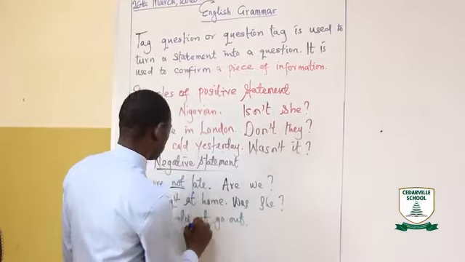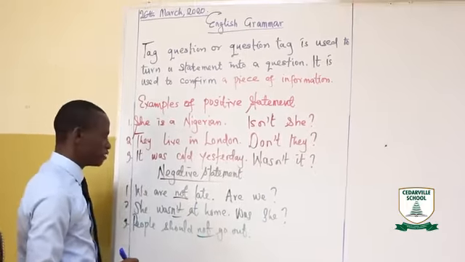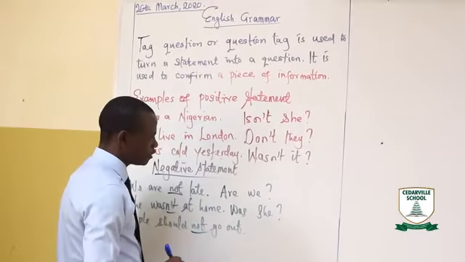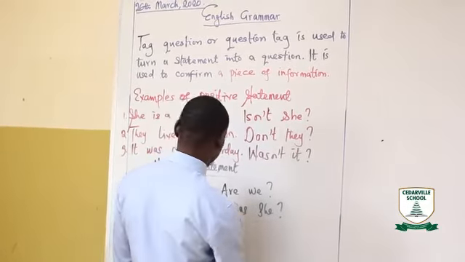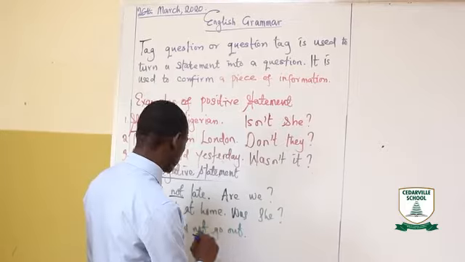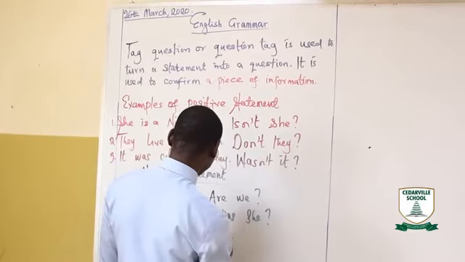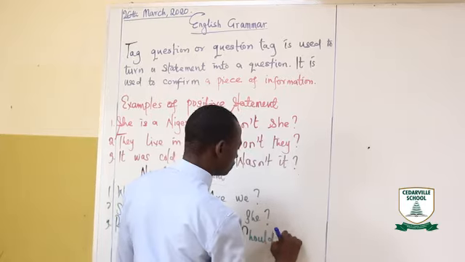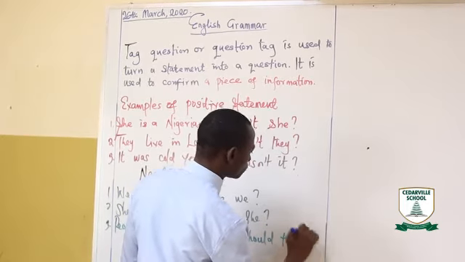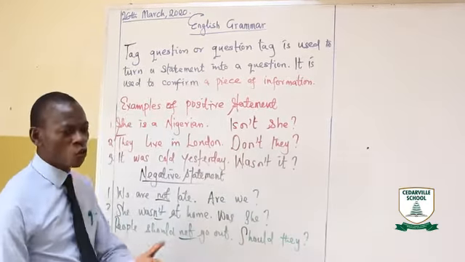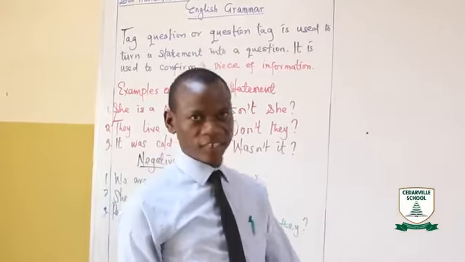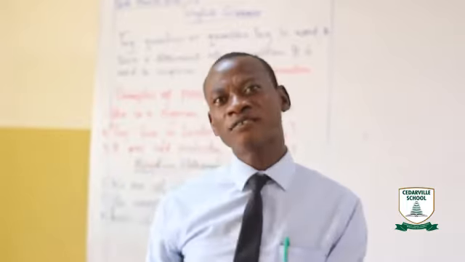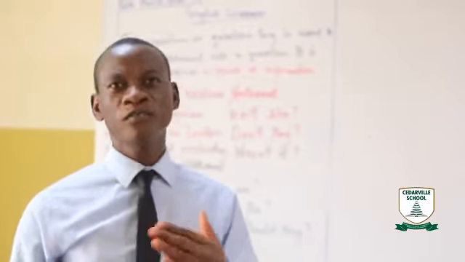Look at the negative statement. A negative statement attracts a positive tag question. And then the tag question is going to be, people should not go out, should they? Should they? So the concept is that when the statement is positive, it will attract a negative tag question.